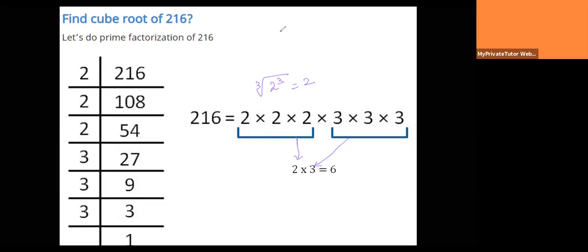For example, let's take a random number, 512, and try to find the cube root of this number, whether we get this as a whole number or not.